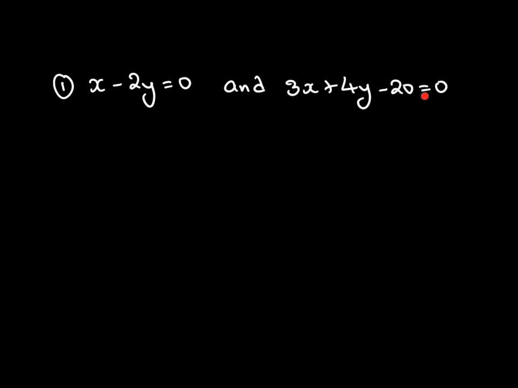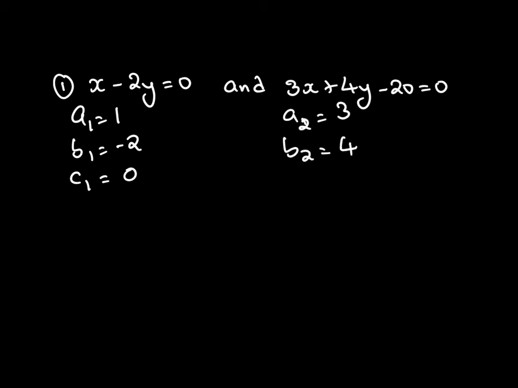Let's first figure out what's a1, b1, c1, a2, b2, c2. So a1 over here is 1, b1 is negative 2, c1 is 0, and over here a2 is 3, b2 is 4, and c2 is negative 20.